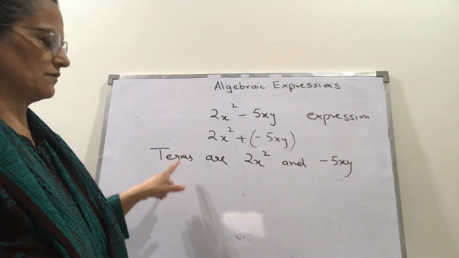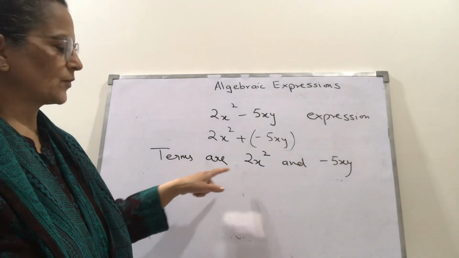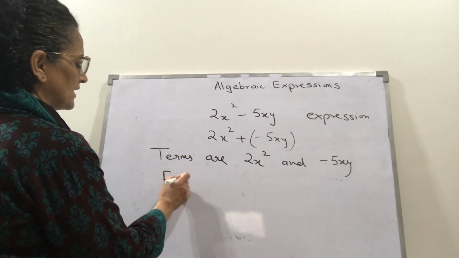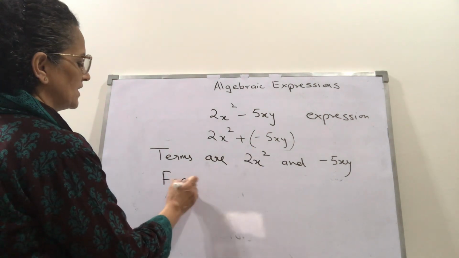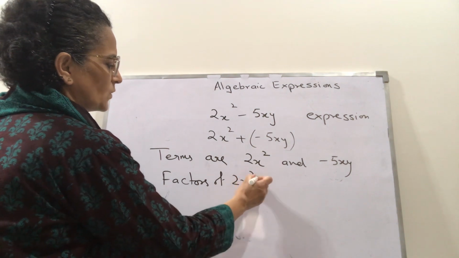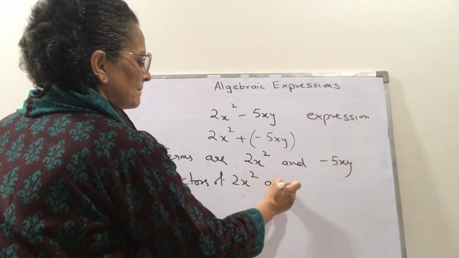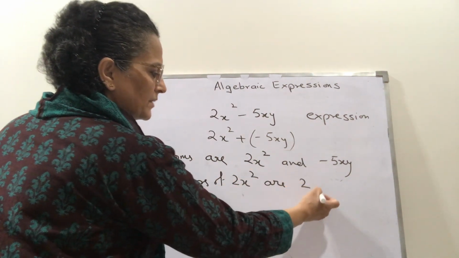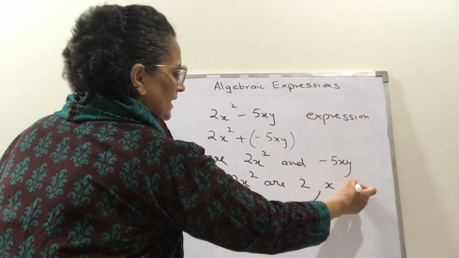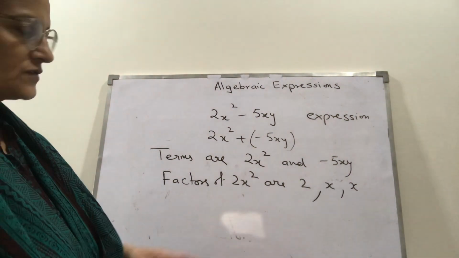We have written in the definition, terms are products of its factors. So first we will write factors. We write the factors separately. Factors of 2x square are, so we separate the number 2, x and x. So these are the factors of the term.